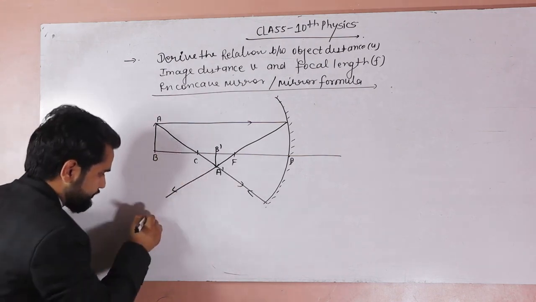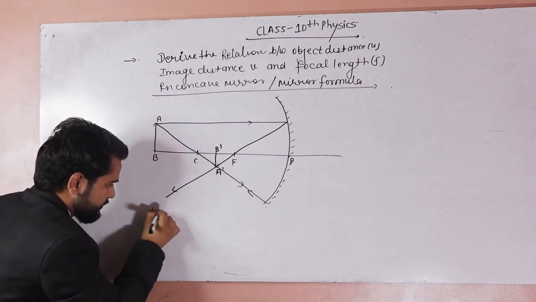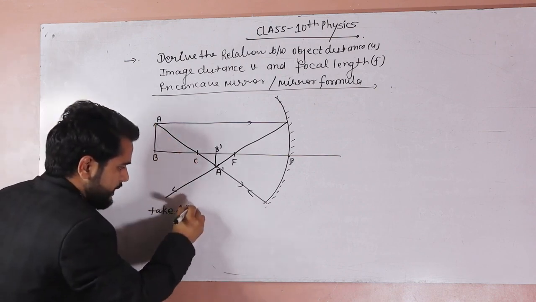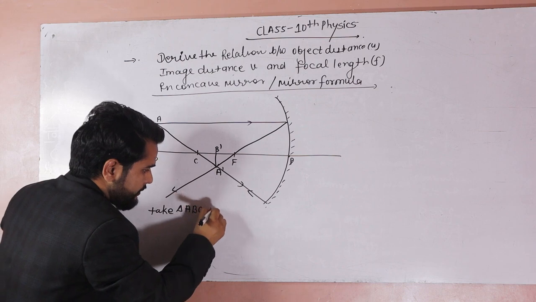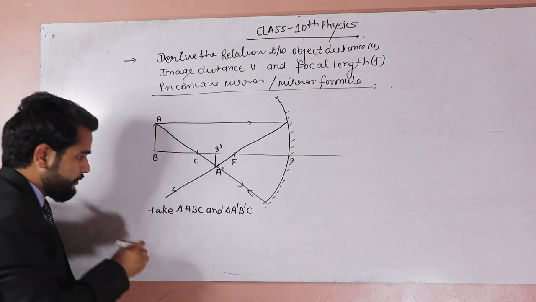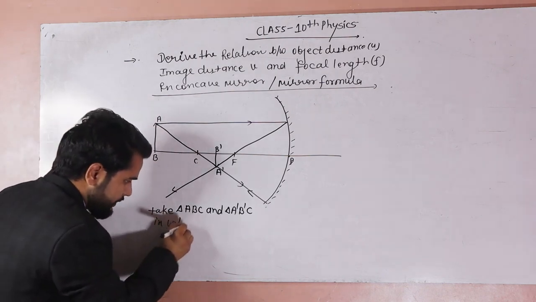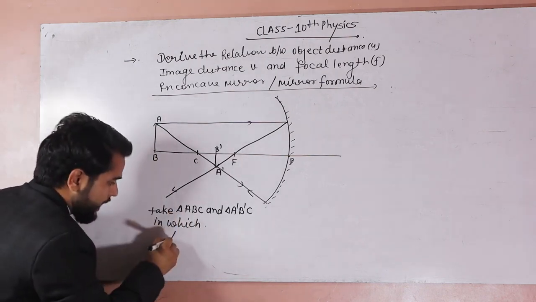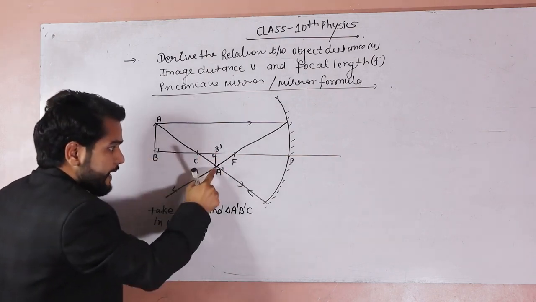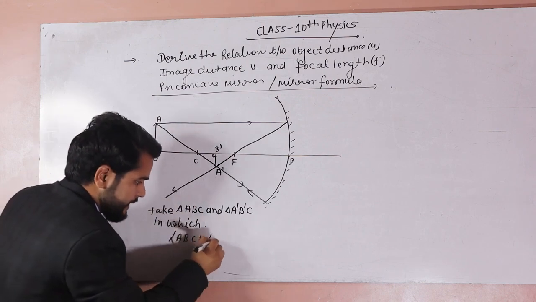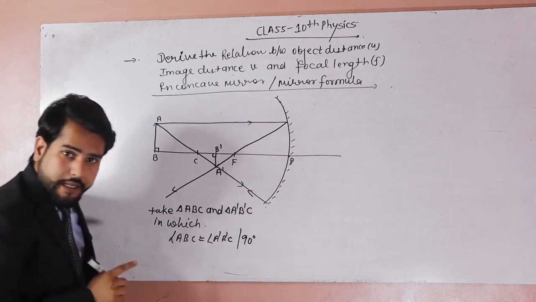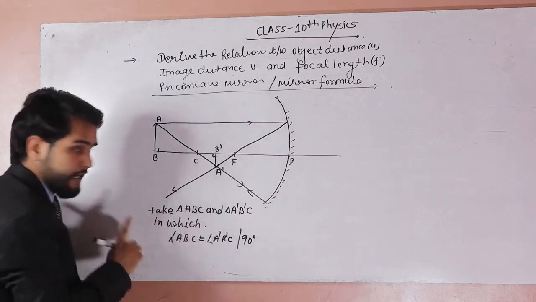So we take triangle ABC and triangle A dash B dash C, in which angle ABC and angle A dash B dash C are both 90 degrees, which means they are equal.